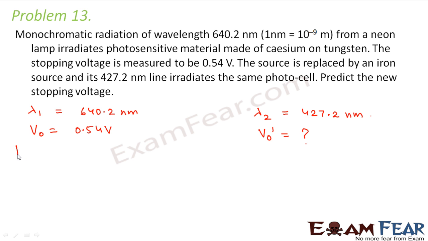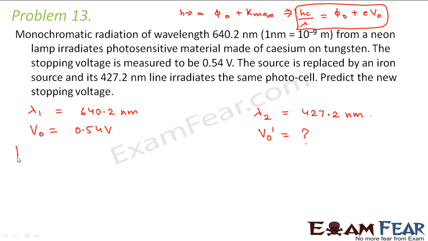Now, we know that Einstein's equation is h nu is equal to phi naught plus K max. So this can be written as hc by lambda is equal to phi naught plus e V naught. Now we will apply this equation to both the cases. In the first case, it becomes hc by lambda 1 is equal to phi naught plus e V naught.